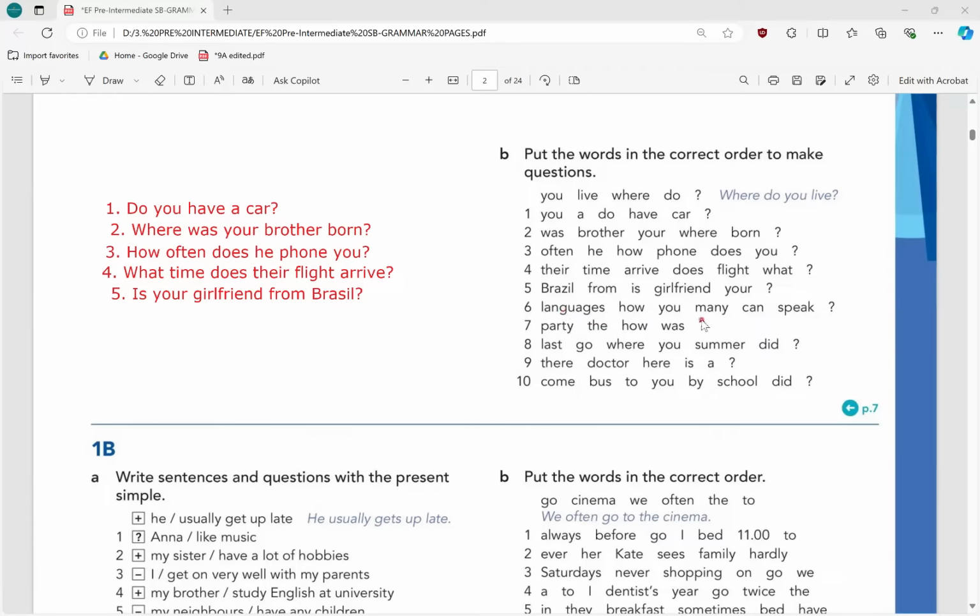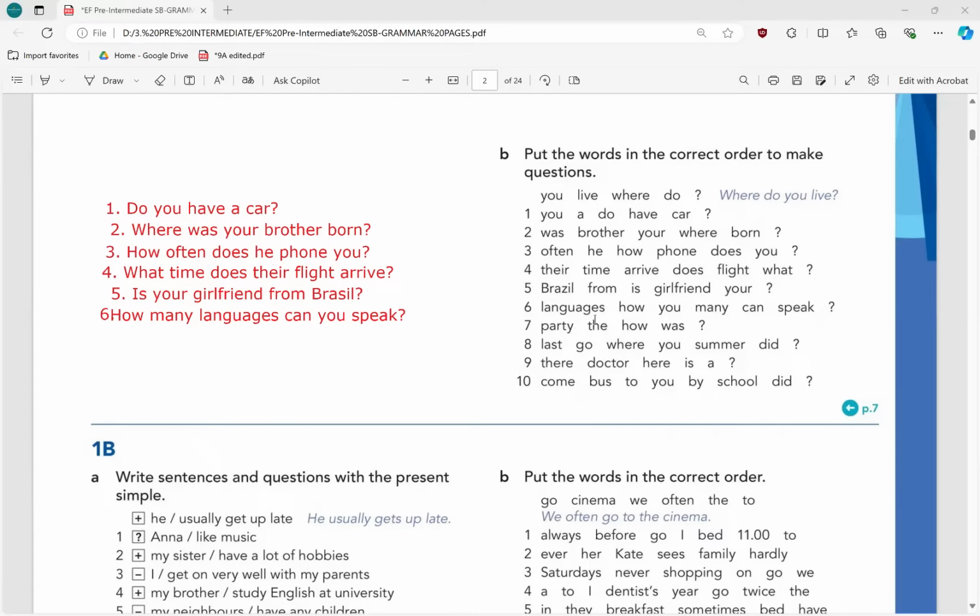Question words like how many languages or how many brothers, how many sisters, and so on. How many languages? And then can. After can, we must use subject. Can you? And then infinitive speak. Number 6. How many languages can you speak? That's it. How many languages can you speak? Obviously, this is number 6.